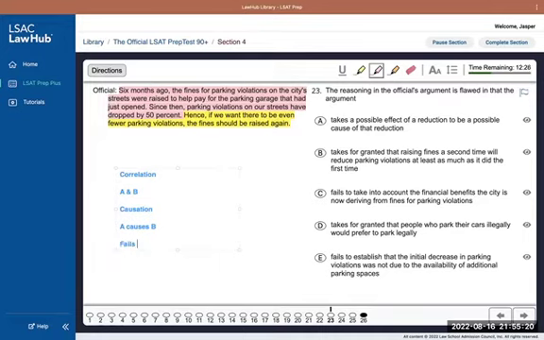So there's the fails to consider option. What are they ignoring?